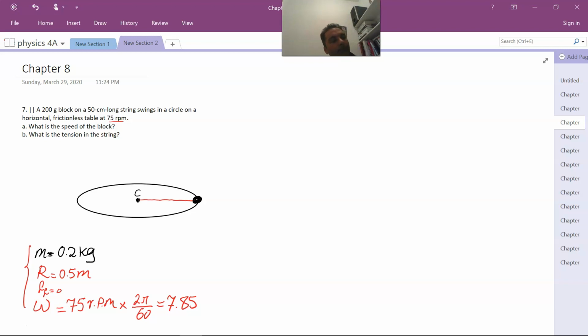Now, what is the speed of the block? They want you to find the speed of the block. What is the tension on the string also? That will be part 2. Okay, guys. You have omega, you have the radius. What is Vt? Is it not R omega?